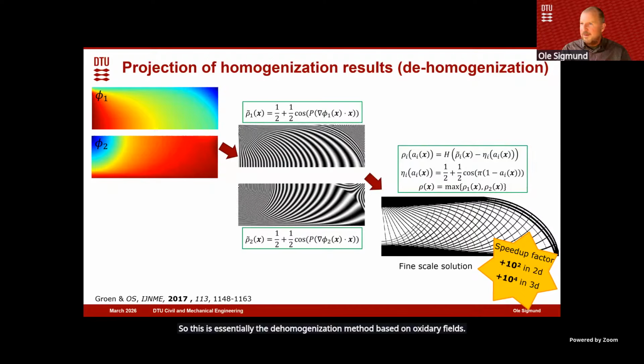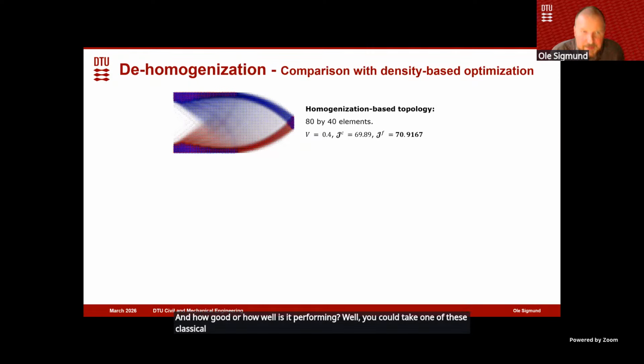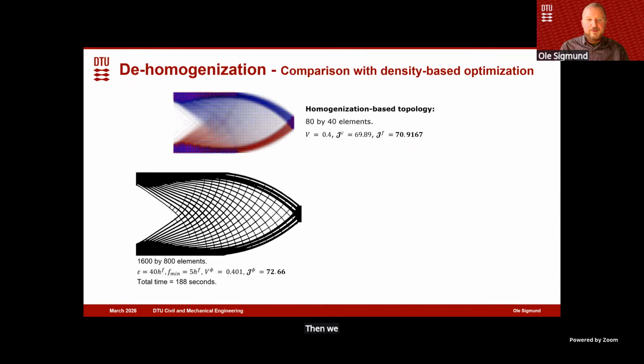And how well is it performing? Well, you could take one of these classical design problems. This is the 5x8 cantilever beam. For the homogenization-based solution, using the MATLAB code, we get a compliance of 71 in this case. Then we perform the de-homogenization.